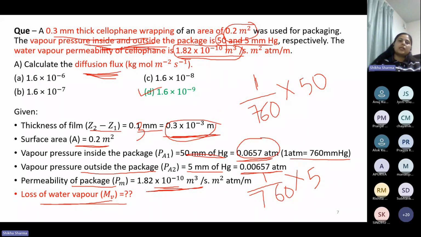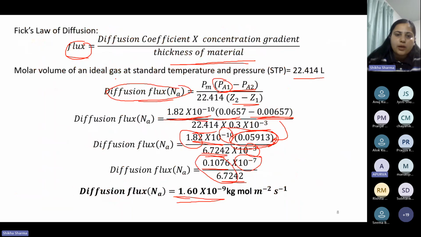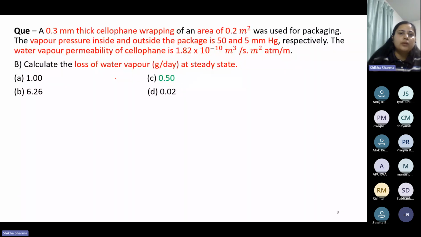So this part is clear. So we move to part B, which is about loss of water. Yes, ma'am. Okay. Thank you. So the second question is about loss of water vapor, gram per day.